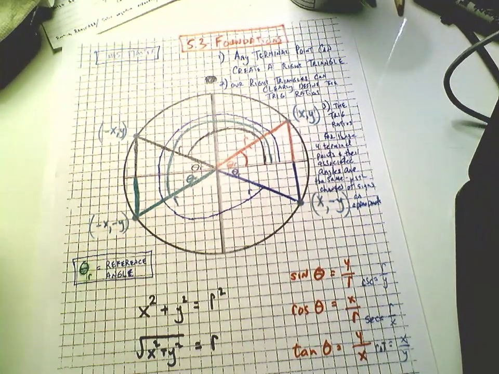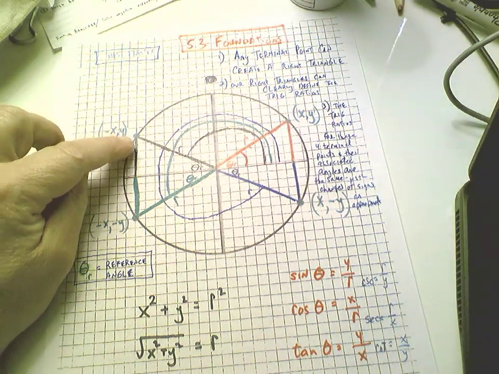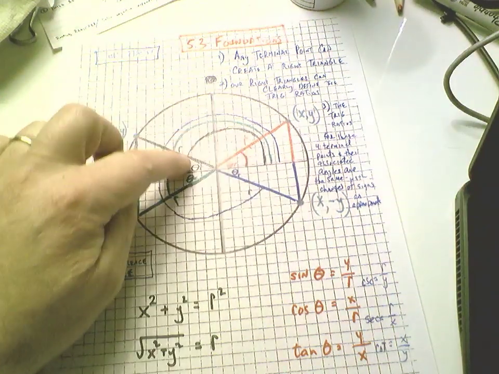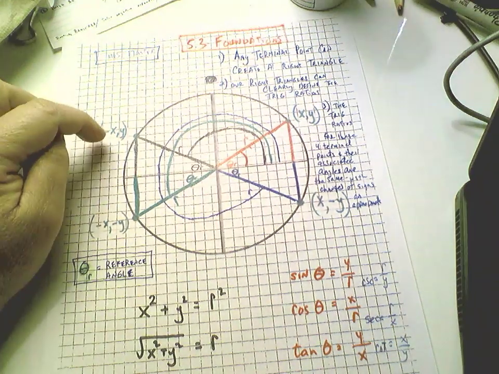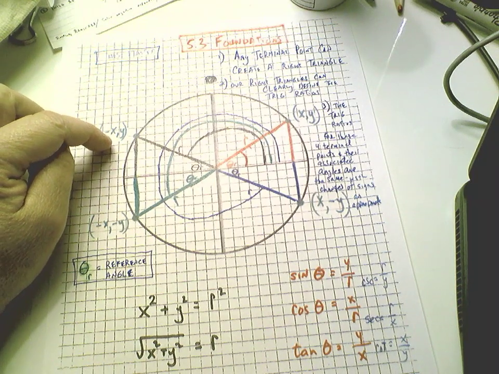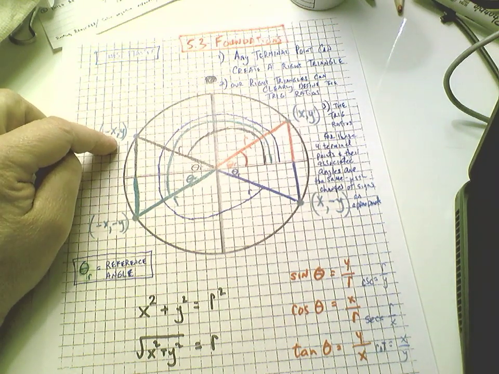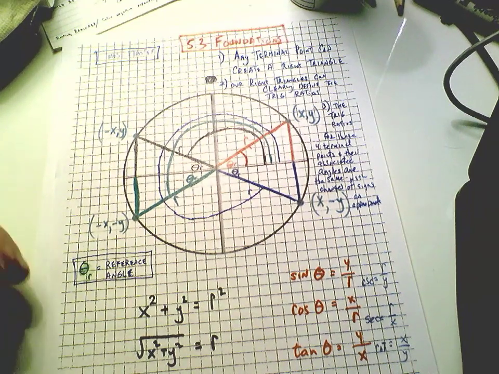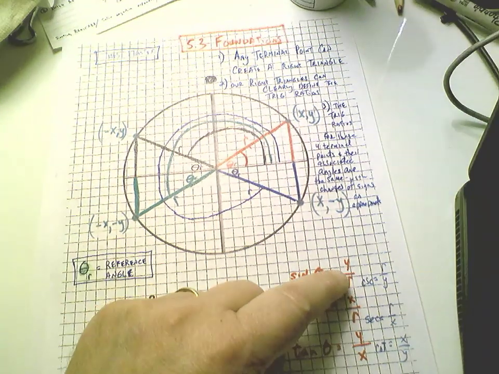For instance, the arc in black that creates this angle in the 2nd quadrant is going to have its x coordinate treated as a negative number, its y coordinate as a positive number. So when we do the trigonometric ratios, y over r is going to be positive.